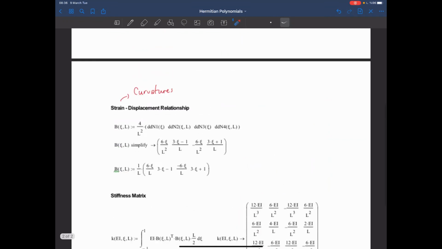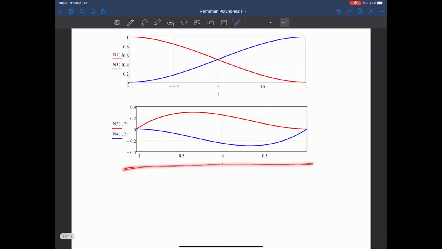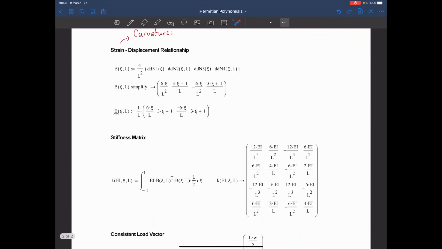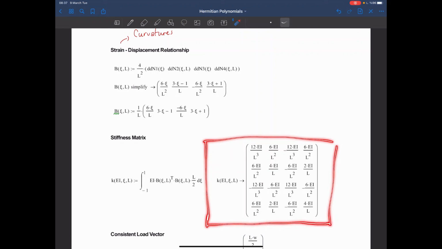Since the shape functions that we use here are capable of exactly representing the deformed configurations that we assume in the analytical derivation, at the end of the day, with this finite element or the variational formulation of this plane beam, we get exactly the same stiffness matrix.